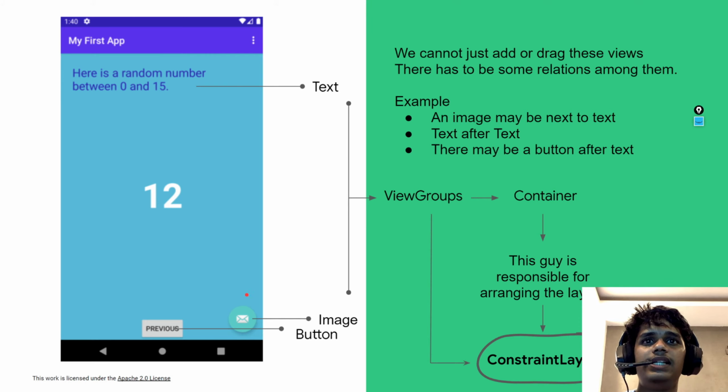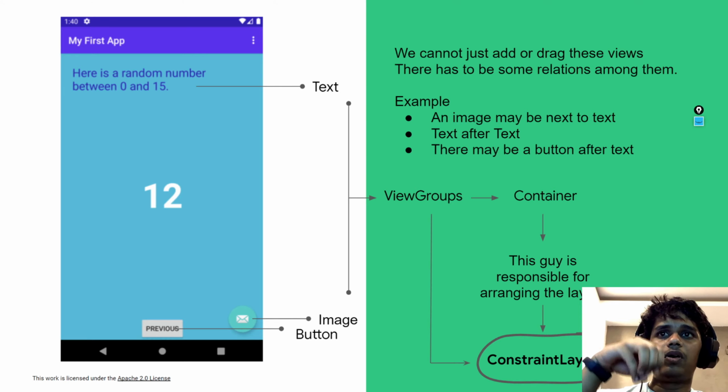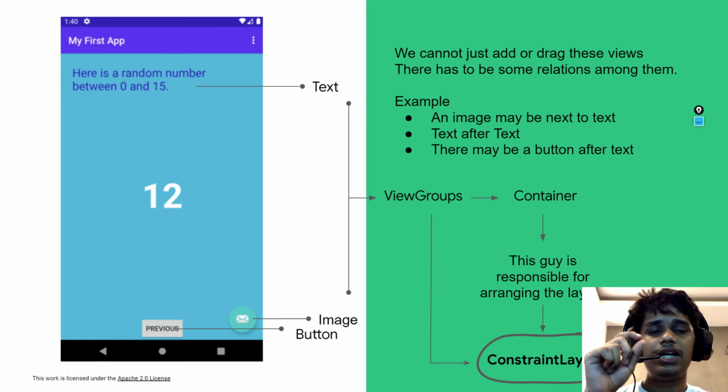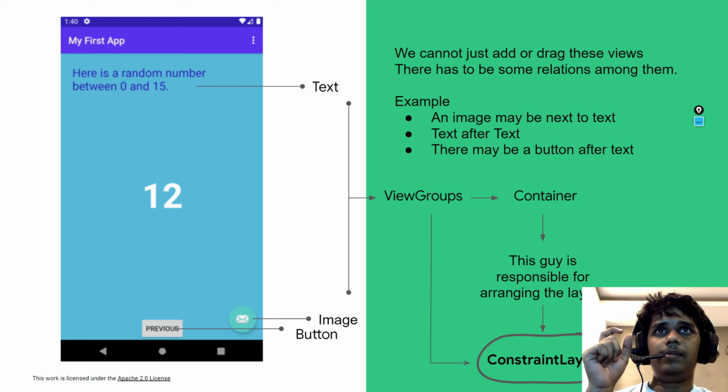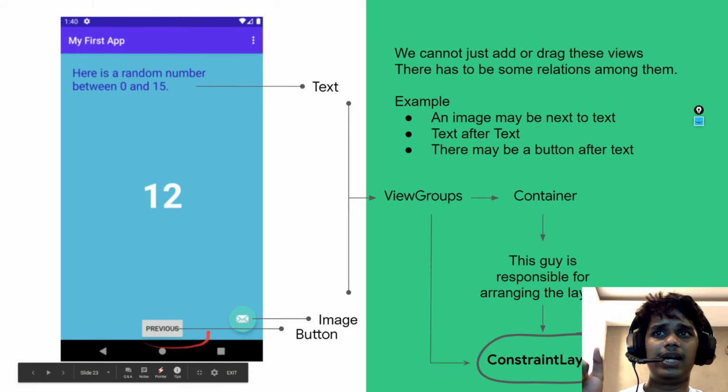All of these elements, that is a text or an image or a button, are called a view, because you can view these elements. In Android terms, we call them a view. So it may be a text view, that is here is a random number between 0 and 15, and here is a button view.